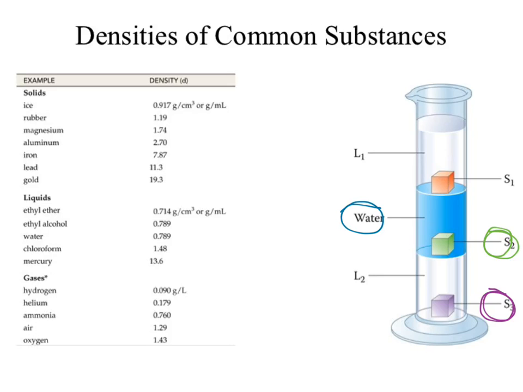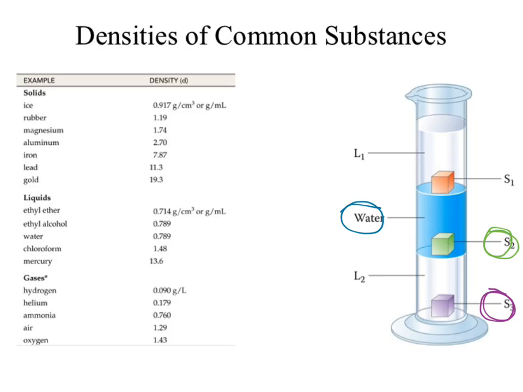So you could go through and rank these according to their densities, where L1 is the least dense, followed by S1, followed by water, followed by S2, followed by L2, and S3.